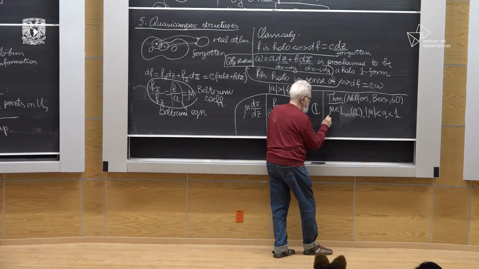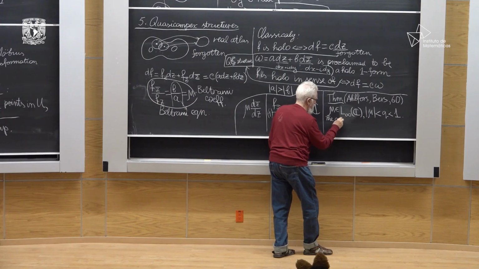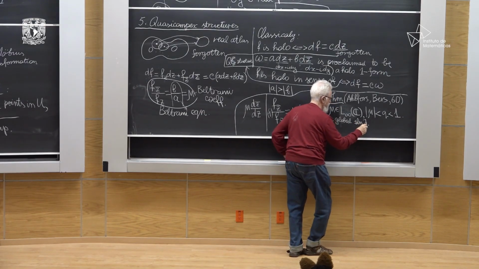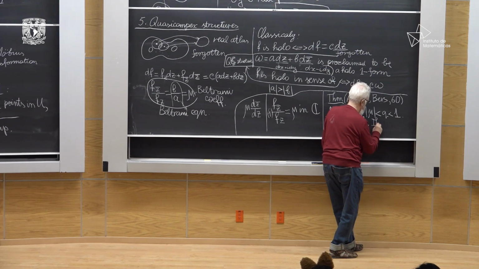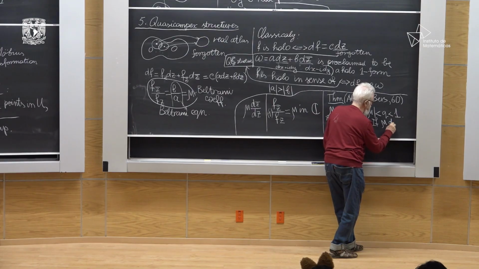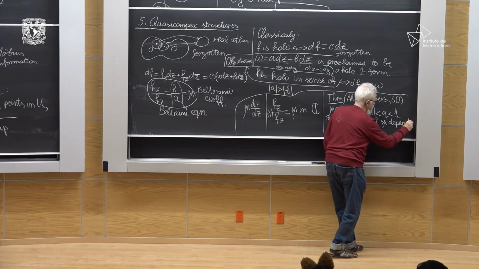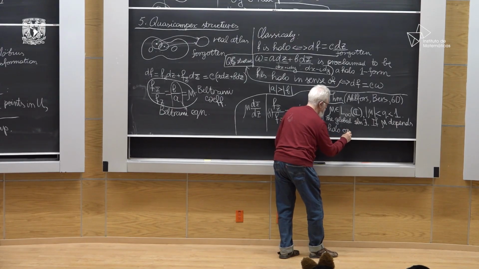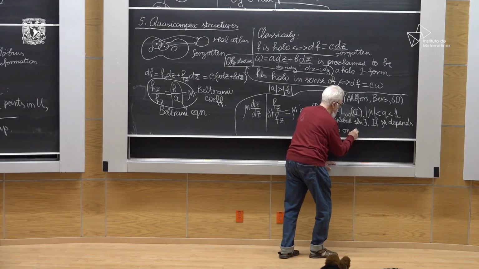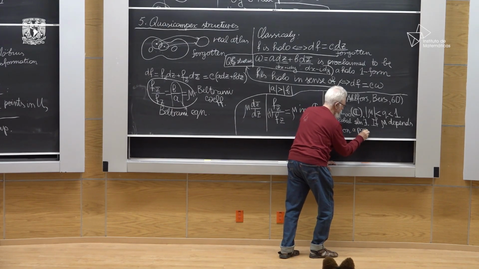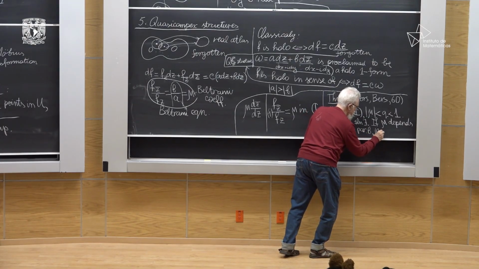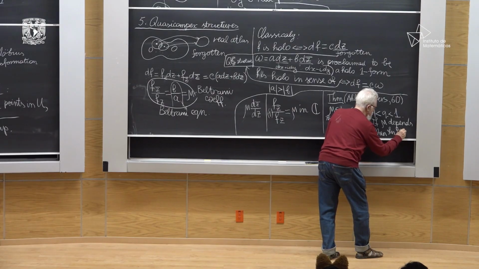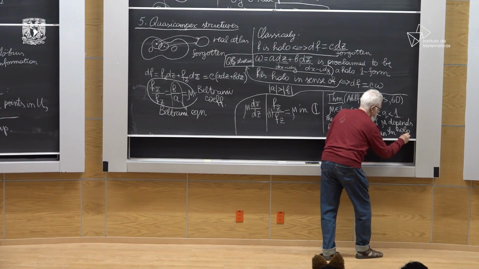The global solution exists. If mu depends analytically, or holomorphically, on a parameter b, then the solution is holomorphic in the same parameter.